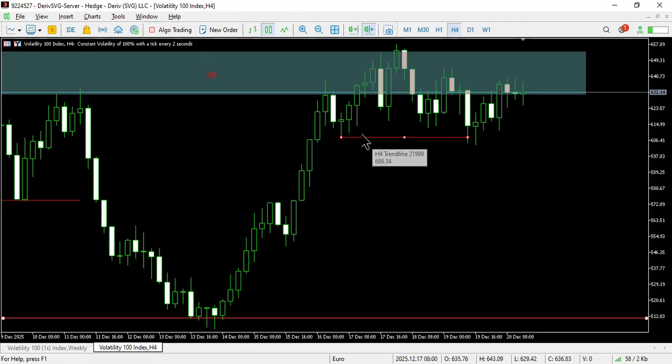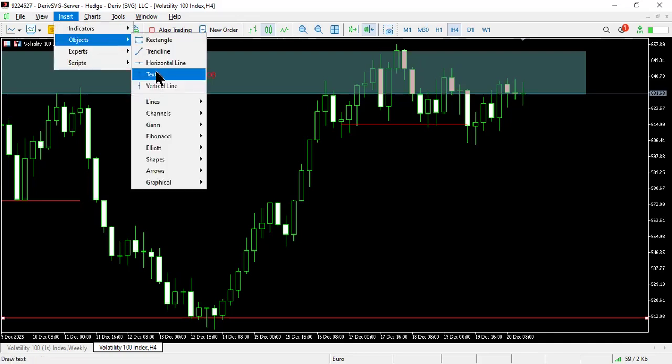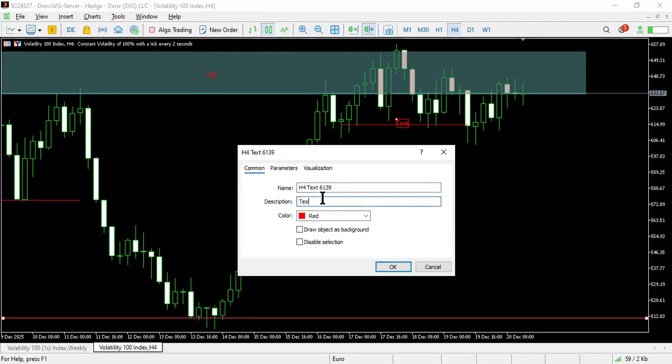That is a change of character because price violated that high. It was supposed to stay above that high, but it broke that, indicating a possibility of reversal. So that is a change of character.